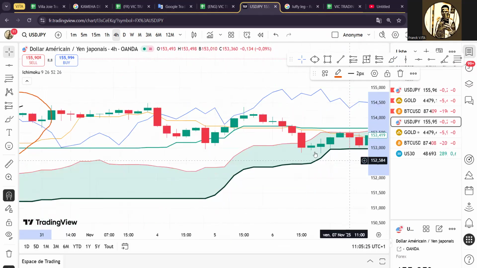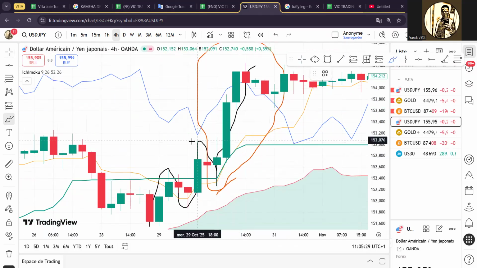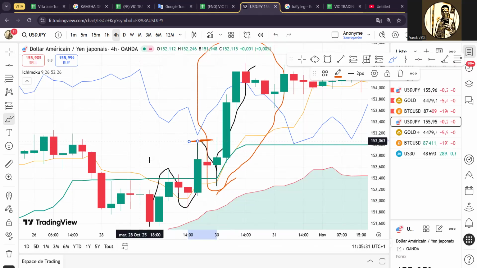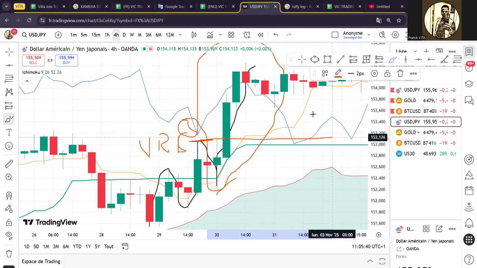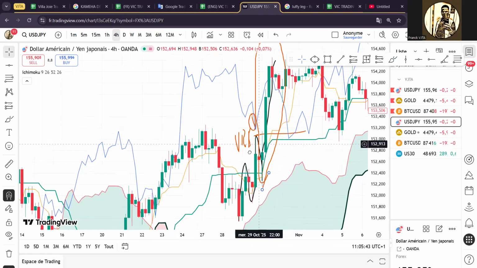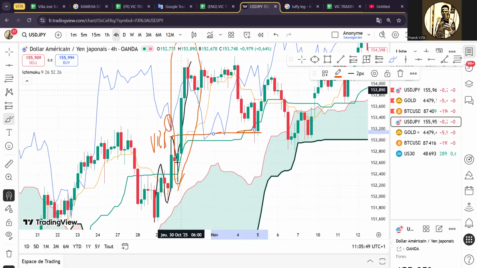So because it is the Luffy leg, at this level we have the VRS. This one is the first point where the market can stop. There is no red candle here, so this one is the first point.